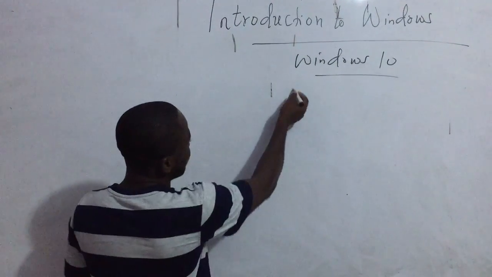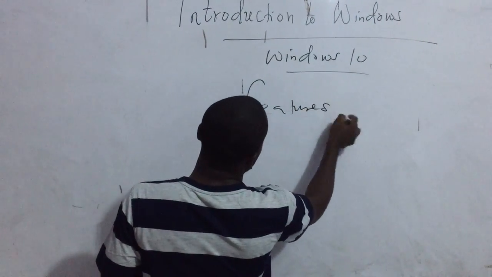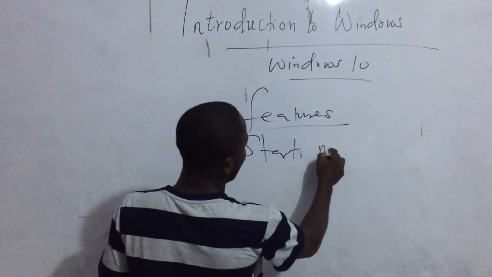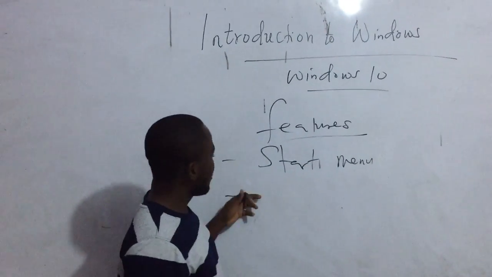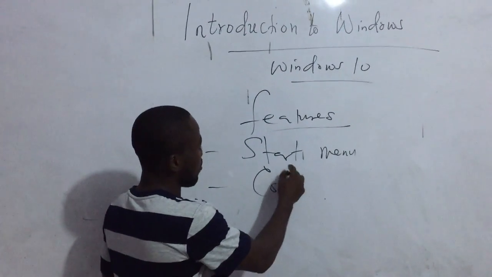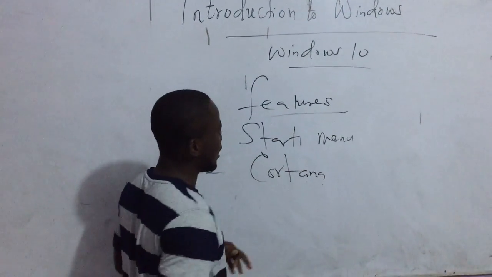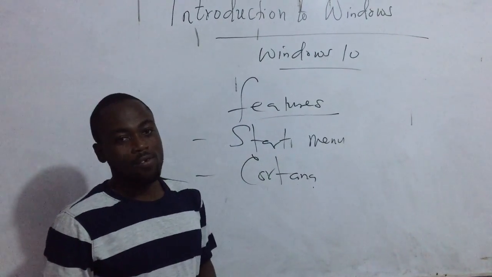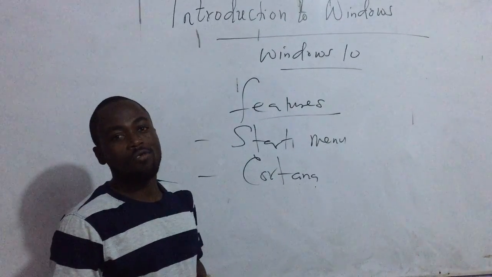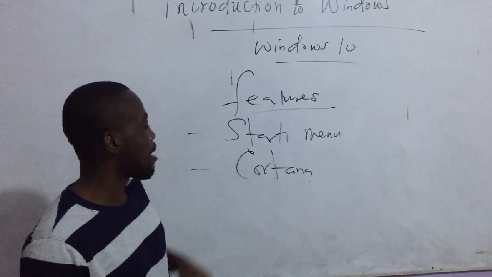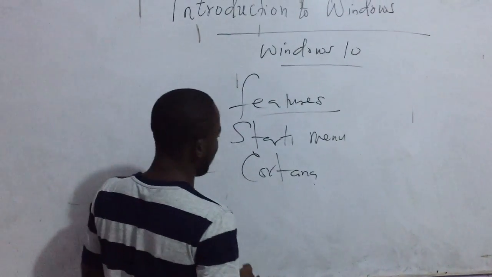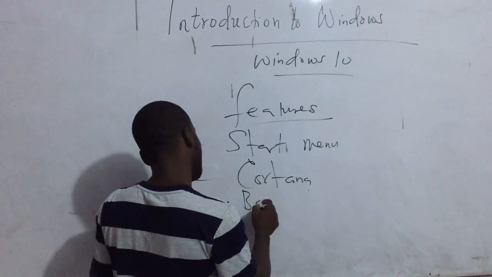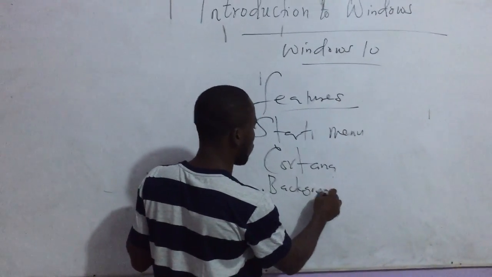So the features of Windows 10: we will look at the start menu as a feature of Windows 10. Then we have Cortana, like a search. Cortana is like an artificial intelligent robot that does searching for you. Those using iPhone, it's like Siri. It's the same here as Cortana. We have the start menu, the search, then the background or the desktop.